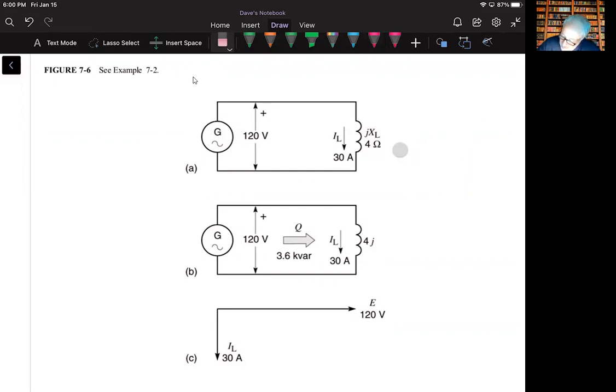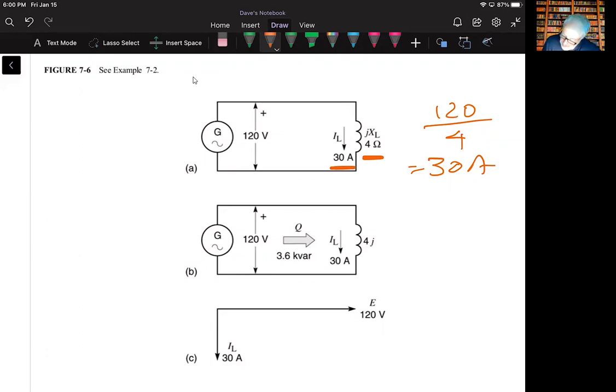The voltage of 120 volts, 120 divided by 4, which equals 30 amps. So 120 volts supplied to this 4 ohm inductor, 4 ohms of inductive reactance gives us 30 amps of current.